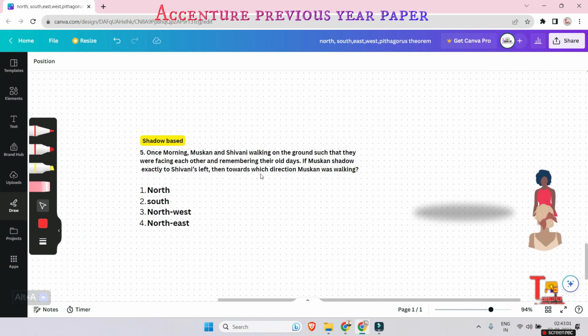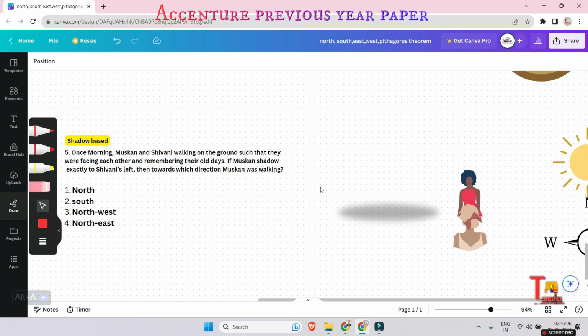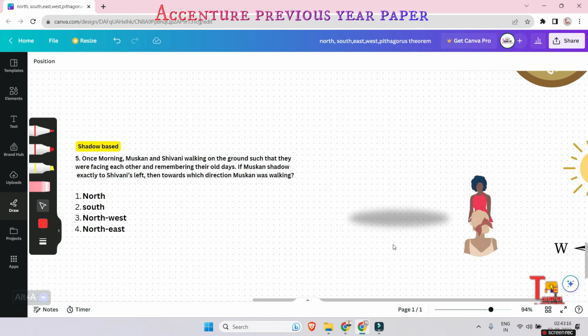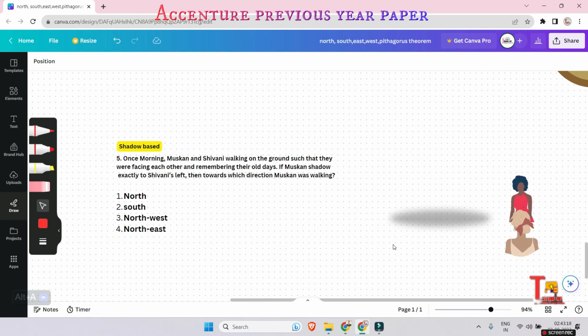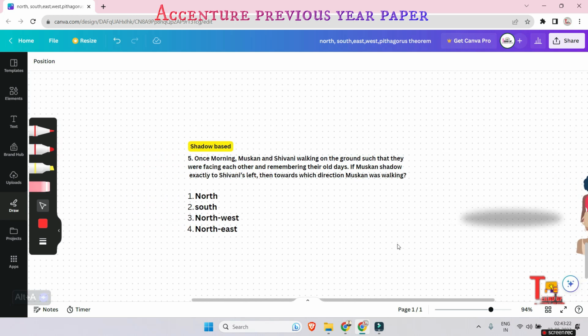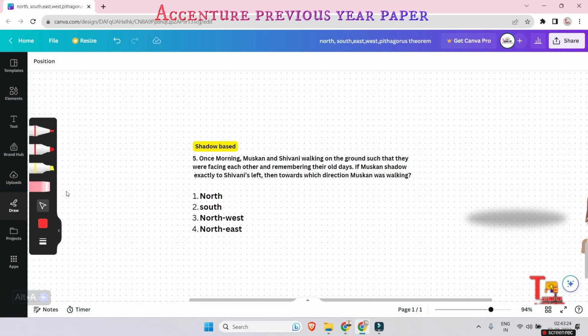Then towards which direction was Muskan walking? She is facing towards this direction, that means she was walking towards the south direction. So the answer will be south.